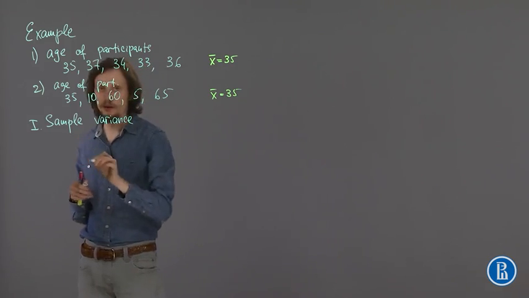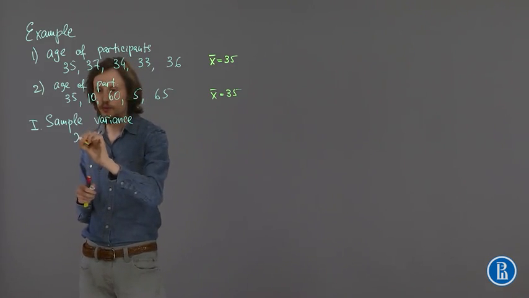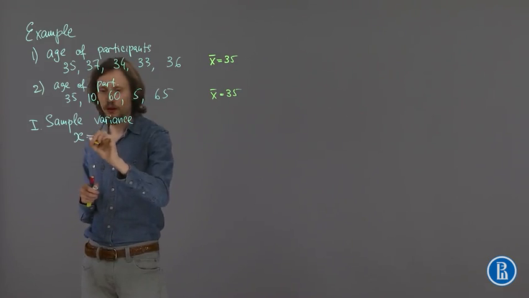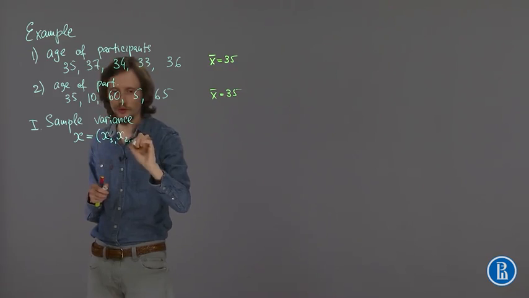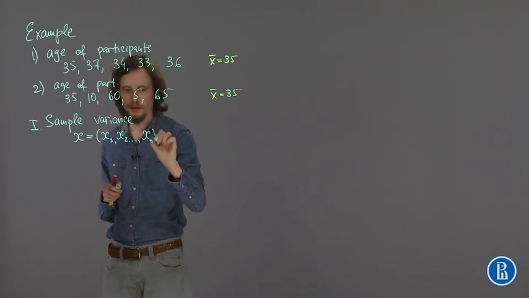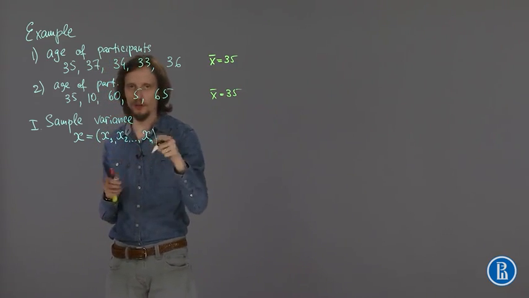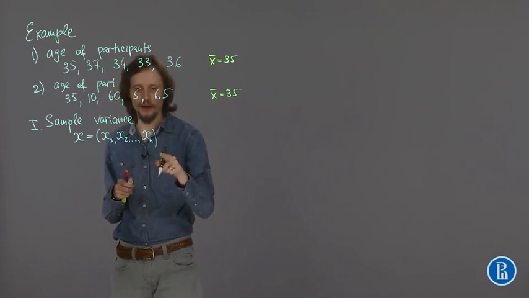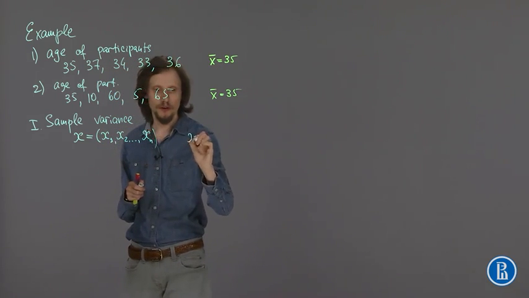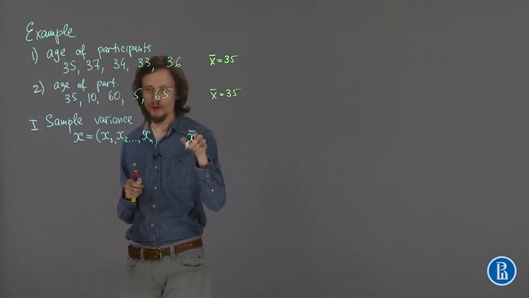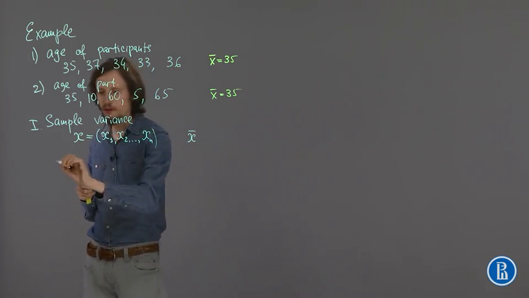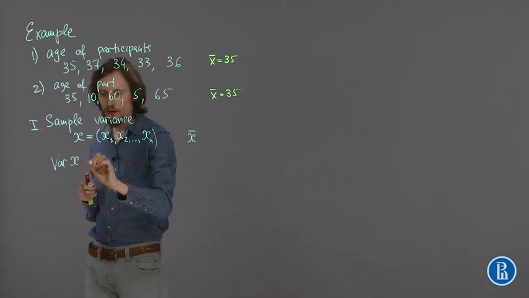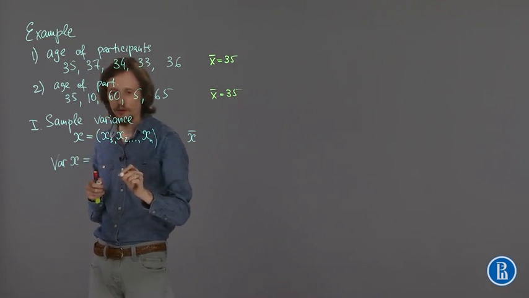Let us consider a data set that will be denoted by x, and it contains values x1, x2, and so on, xn. All these things are just numbers. And we can consider x bar, which is just the mean of these numbers. Then the sample variance of x, let me denote it by var, is the following thing.